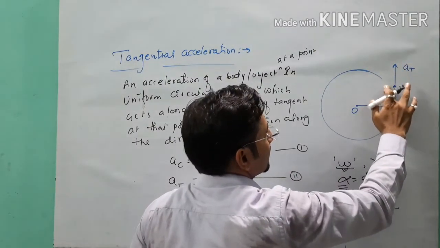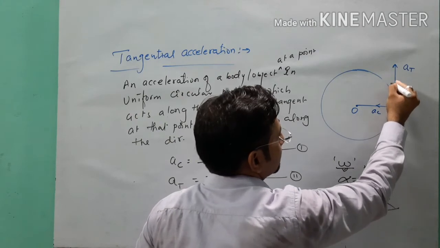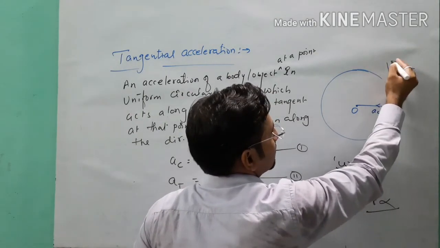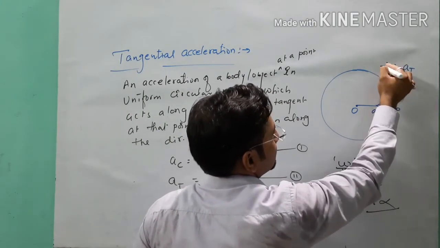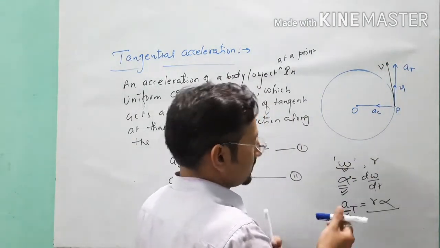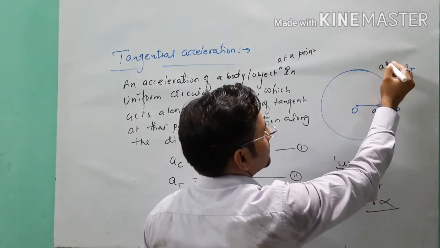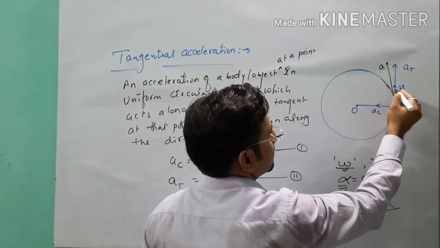If you want to write the diagram properly, you can take this one as the total acceleration, you can write here total acceleration a. This is the circle completion.